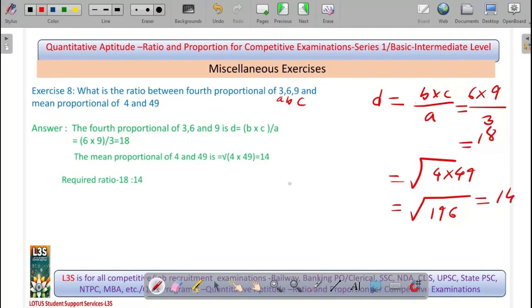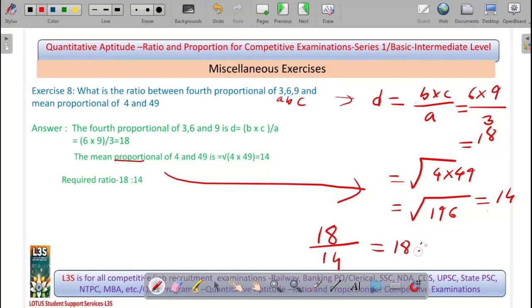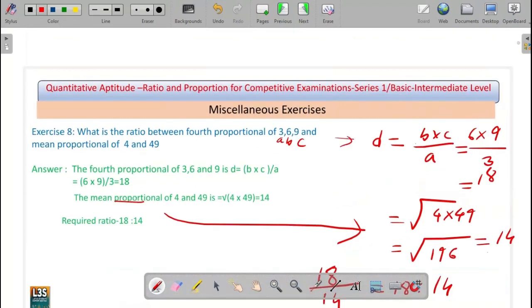So the mean proportional is 14 and the fourth proportional is 18. We need the ratio between the fourth proportional and the mean proportional, so we can say 18 is to 14. Hope you understand.